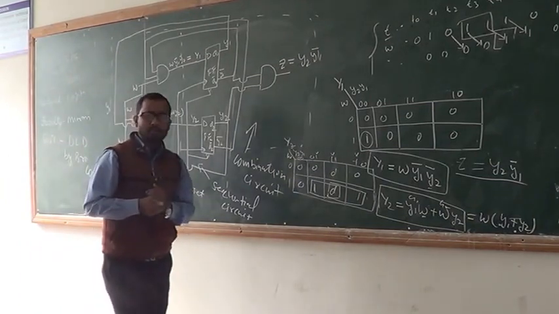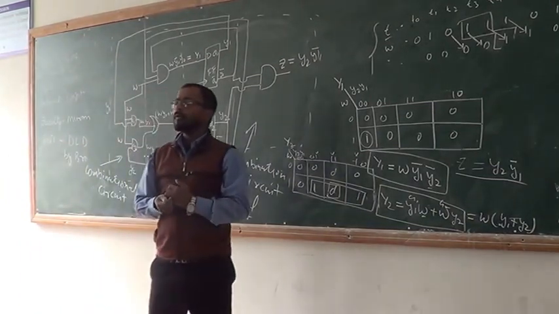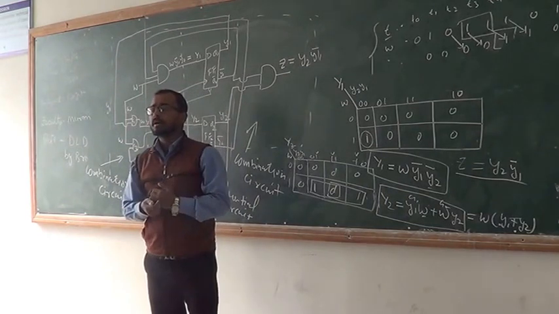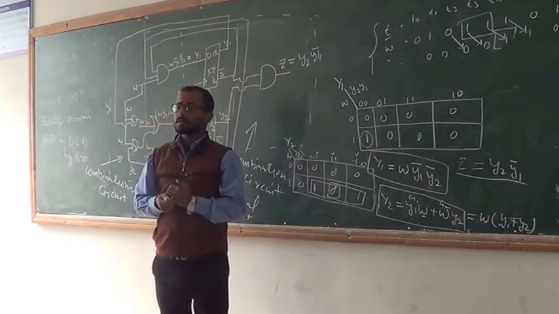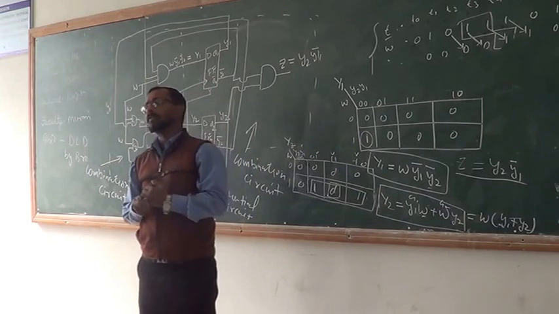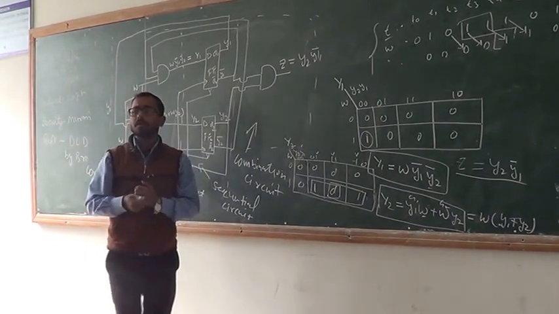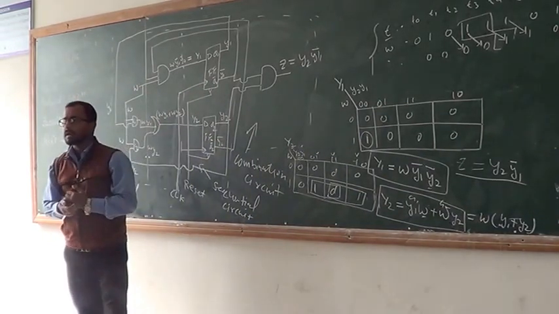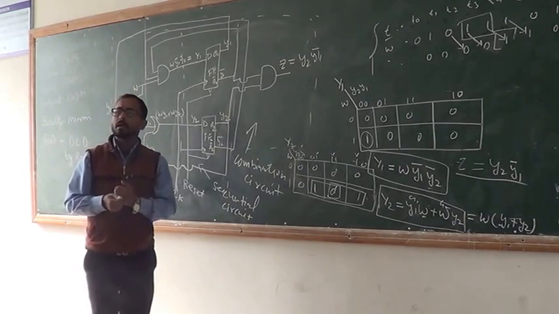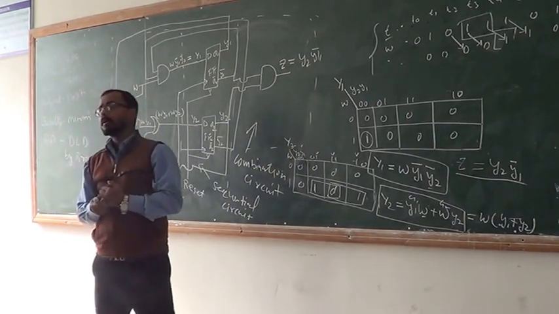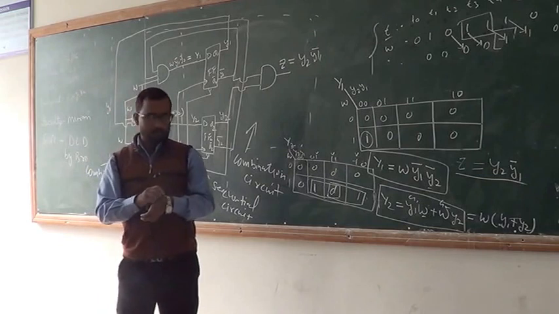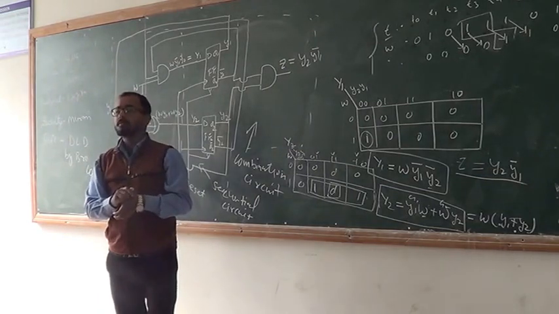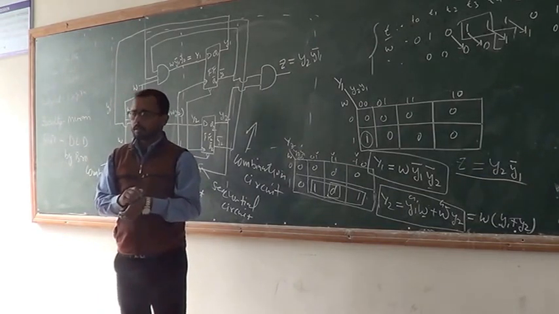Mealy and Moore are the two types of state machine which are very important, and they are regularly asked in examinations as well as other competitive examinations. What is the Moore type serial adder? What is the Mealy type serial adder? Therefore, this is very important. First of all, we discuss the Mealy type serial adder.